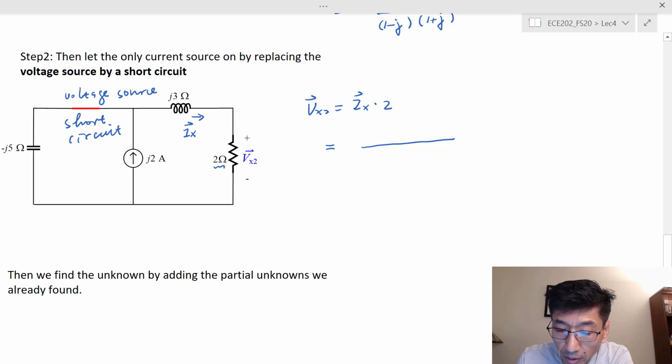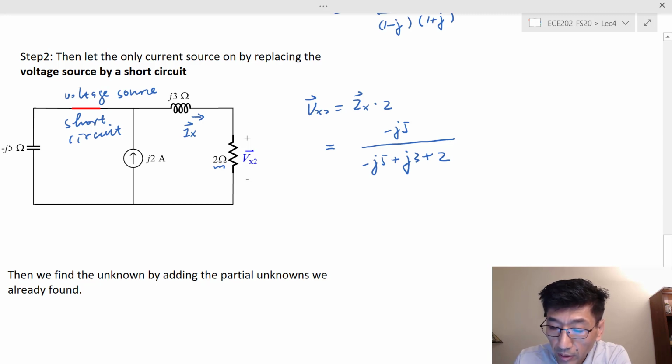So the other impedance would be minus j5, divided by the total impedance, which is minus j5 plus j3 plus 2, and times the total current, which is j2. Okay, so this is Ix. Times 2.